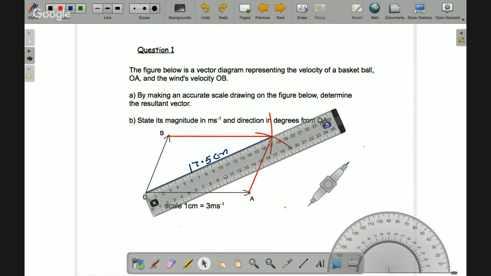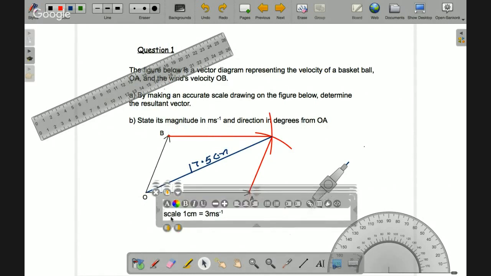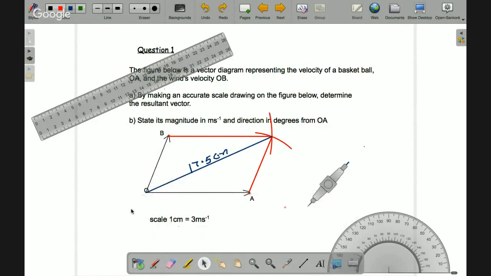But the scale tells us that 1 centimeter is equal to 3 meters per second. So therefore, if 1 centimeter is equal to 3 meters per second, then 17.5 centimeters is equal to 17.5 times 3.